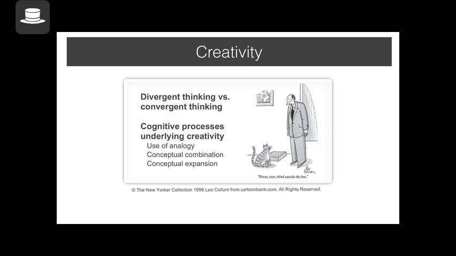The other thing is you can come up with new ideas by combining already existing concepts. It's called conceptual combination, or you can build on a single concept, and it's called conceptual expansion. Again, we're not going over in detail about these different ways of thinking. What we're more interested in is actually talking about problem solving in general.